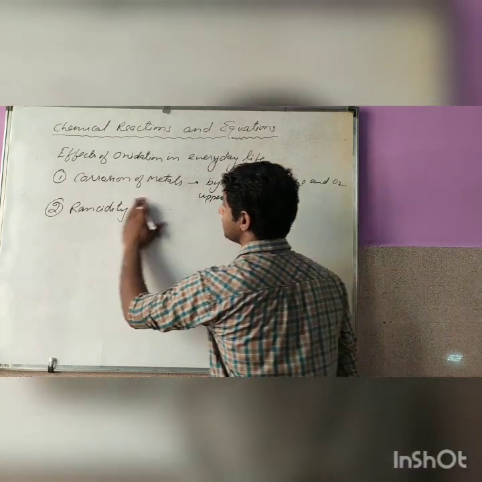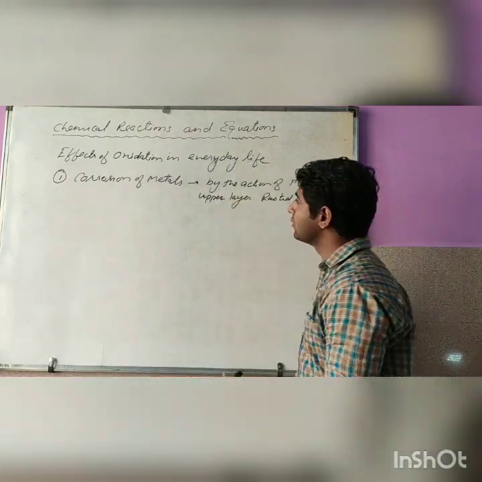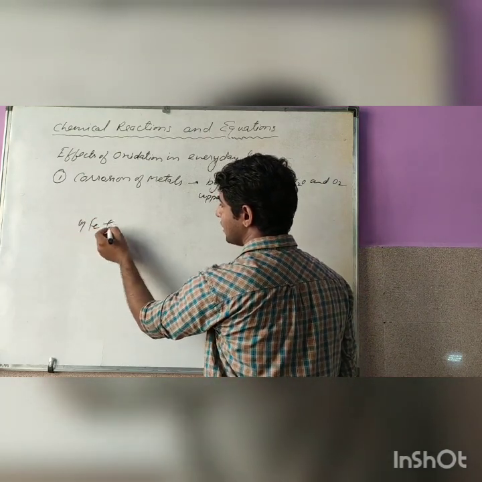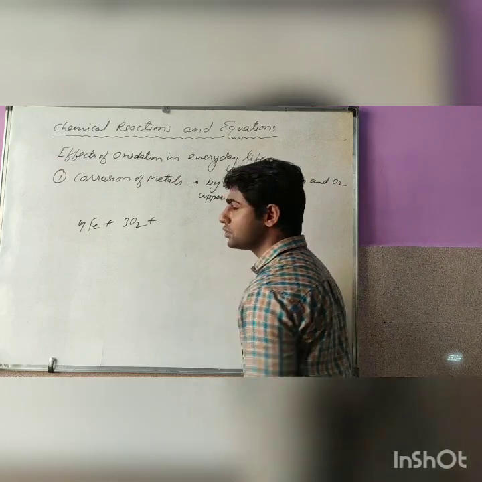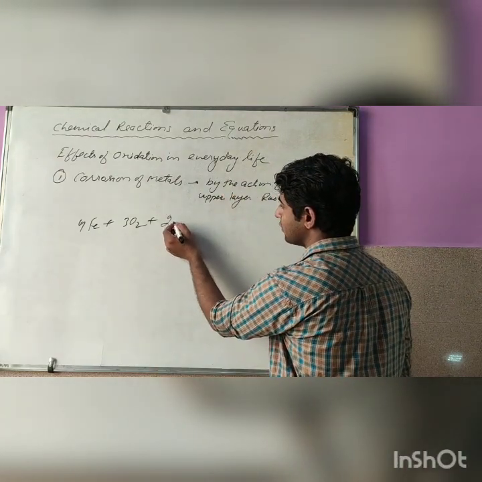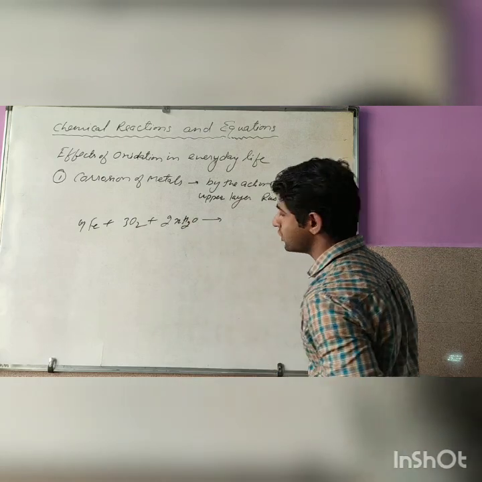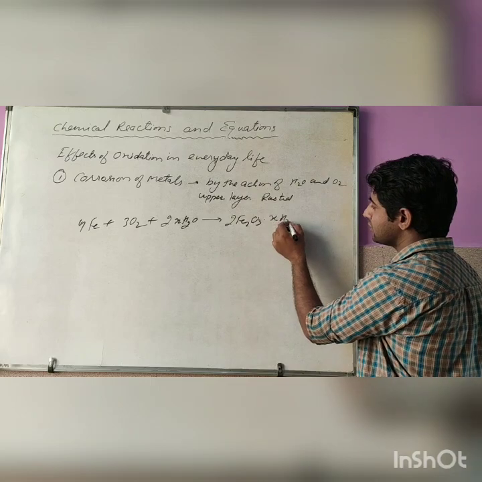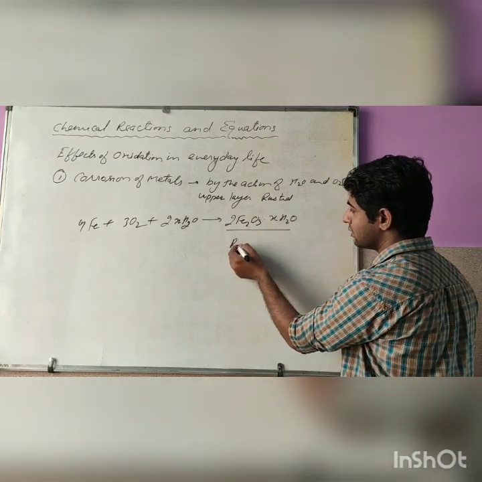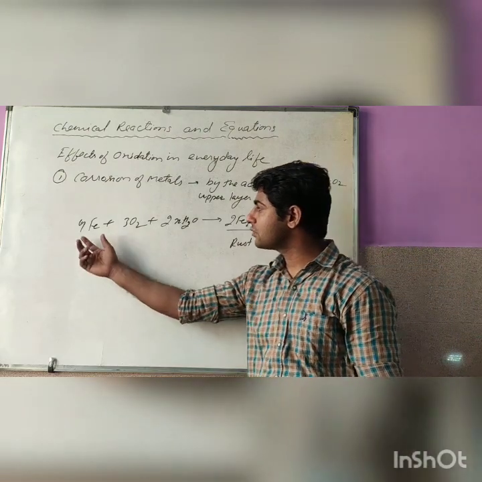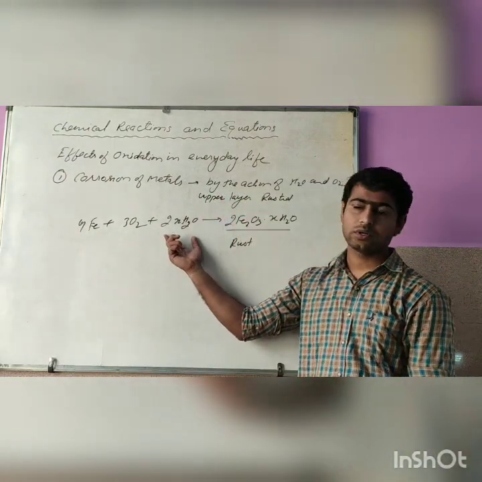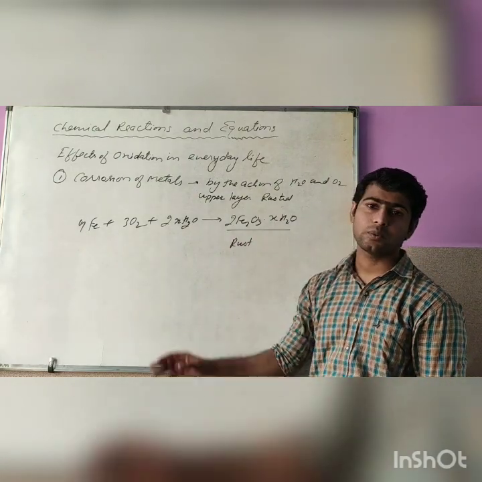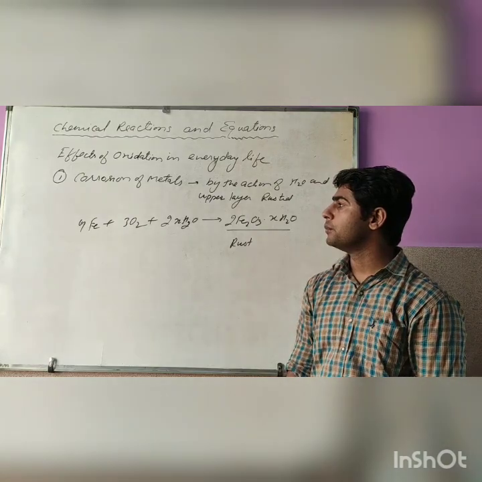For example, now we discuss rusting of iron. Fe plus oxygen plus xH2O will change into Fe2O3.xH2O, iron oxide, rust. So when iron reacts with oxygen and water, it will change into rust. This process is known as corrosion of metals. We will discuss more about this in the third chapter, metals and non-metals.